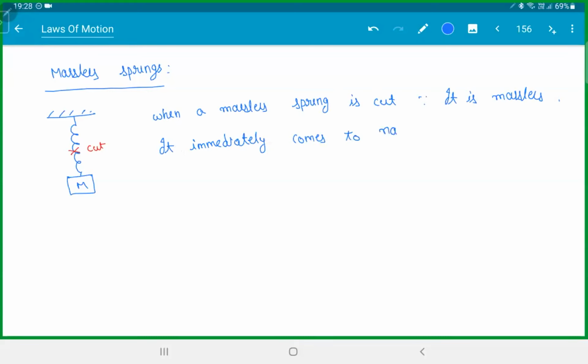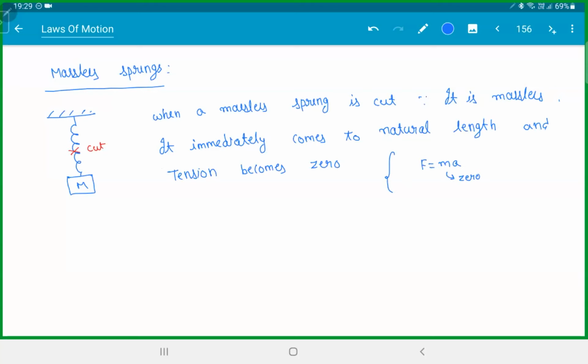But in real life, you won't find massless springs. The tension becomes zero because F is equal to MA, and M is zero here.